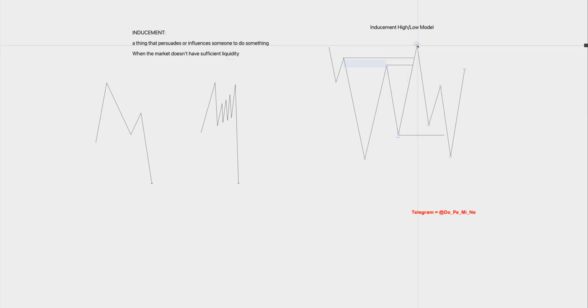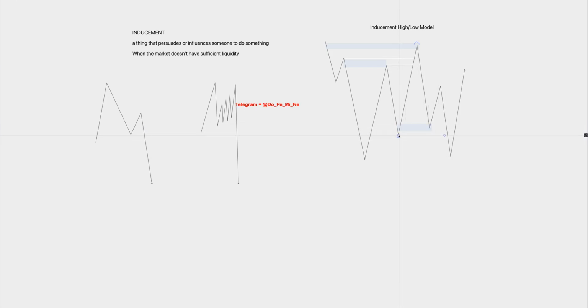Okay, so you can see that we get a reaction. Let's just say some sort of mitigation happened to the left over here, and then we get a nice sell-off, and then the market purposely reacts off this false buying area, this false order block, whatever you want to call it, right?